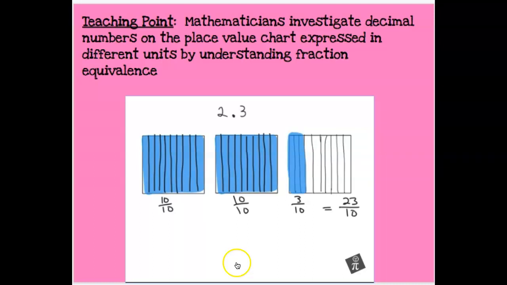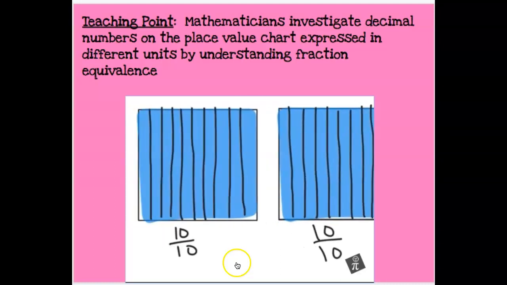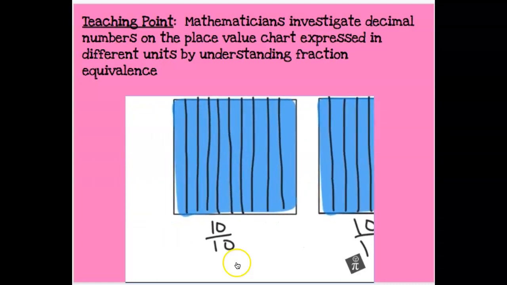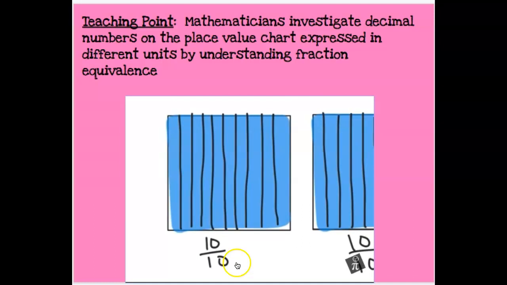Now, if I wanted to, I could think about it in terms of hundredths as well. I'm going to use red, and I'm going to zoom in. If I wanted to think about this as hundredths, I would say, all right, well, let's cut each tenth into 10 pieces. So I'm going to create hundredths. 1, 2, 3, 4, 5, and then 1, 2, 3, 4, 5.